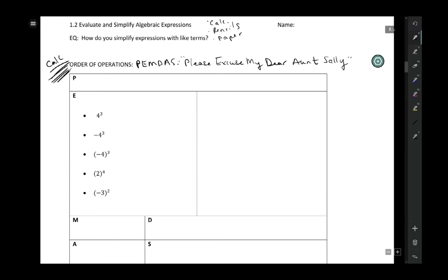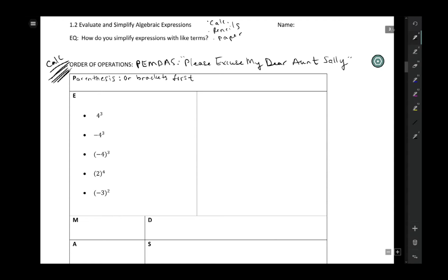As long as you can plug these in your calculator, you'll get the right answer, but you want to be sure to be showing the work on the way down. So the first thing is P, which means parentheses. Okay? You need to do whatever is in parentheses or brackets first.